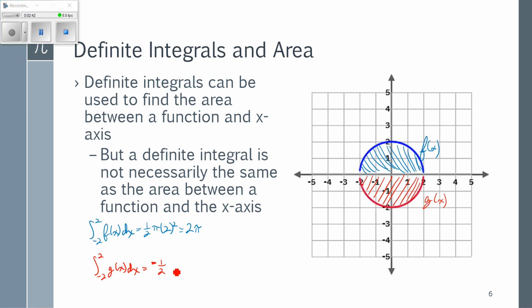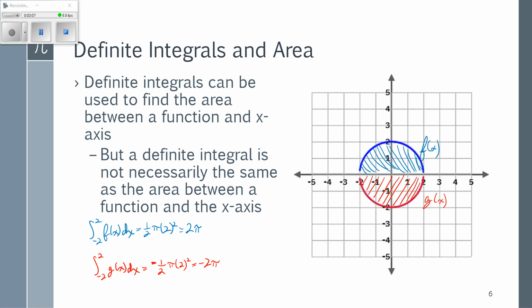And then that area would be the semicircle with a radius of 2, so -2 pi. So above the x-axis, definite integral and area between the function and the x-axis, completely the same. Below the x-axis, the area is always positive, but the definite integral would be negative.